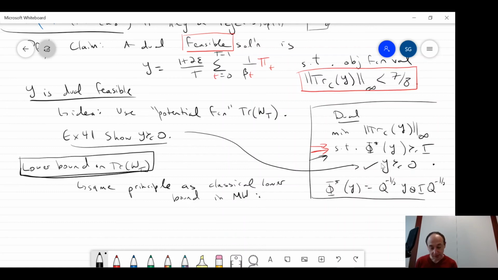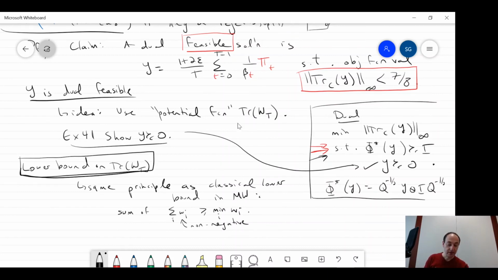So a sum of numbers, where these are non-negative, is greater than or equal to all of them. And in particular, it's bigger than the smallest one in the sum, if they're all non-negative. And we're going to do something very similar here.